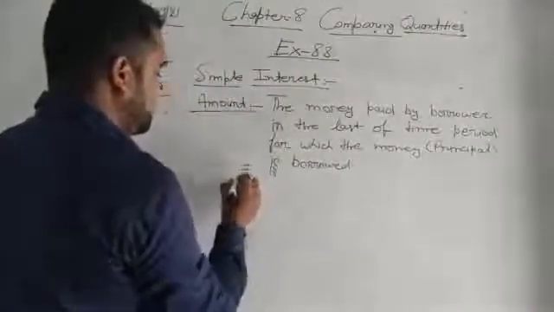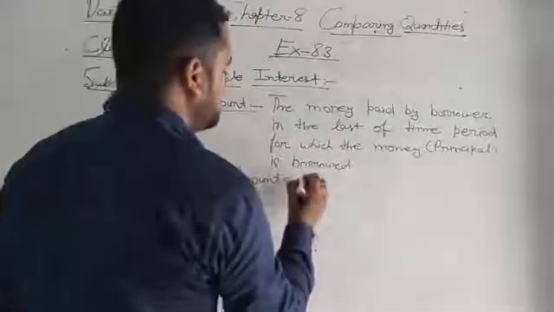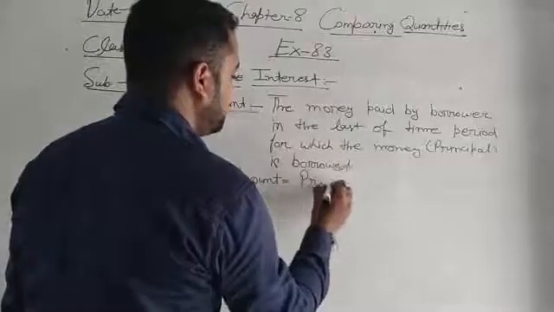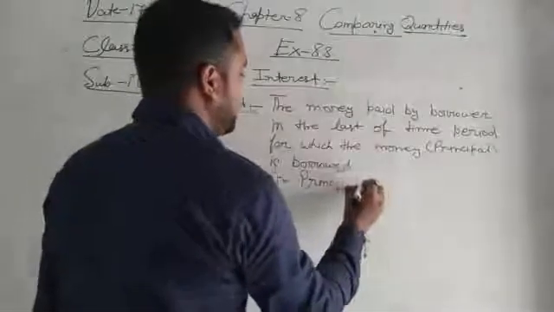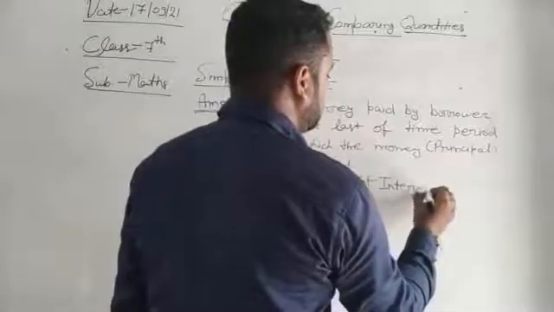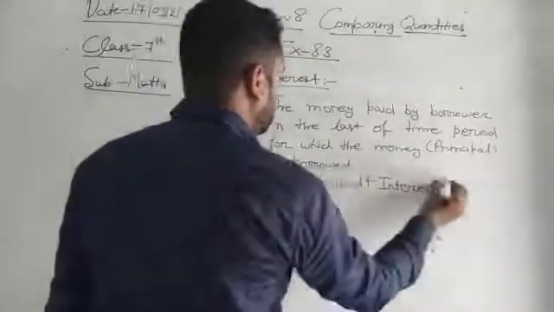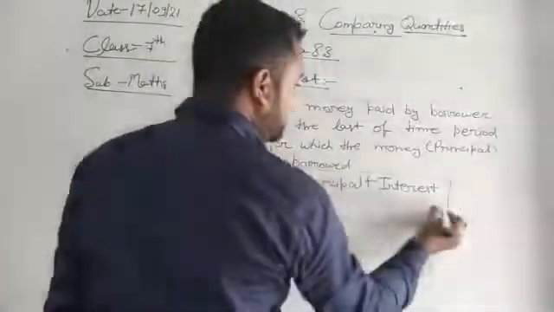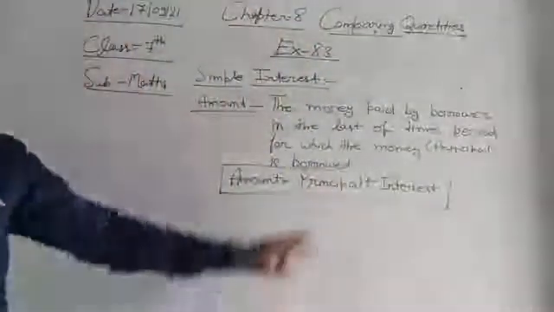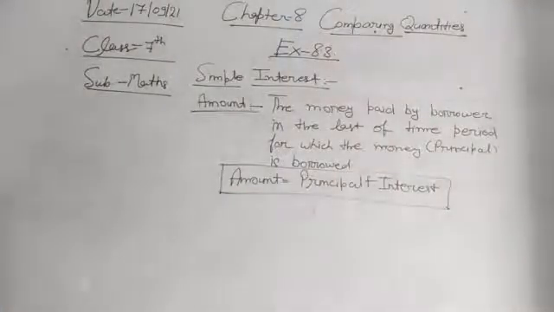So amount is always equal to principal and interest on principal. The sum of principal and interest is called amount. Now note it down.